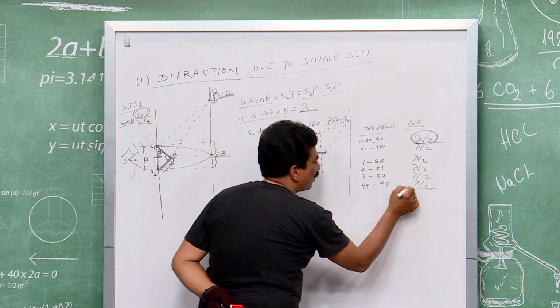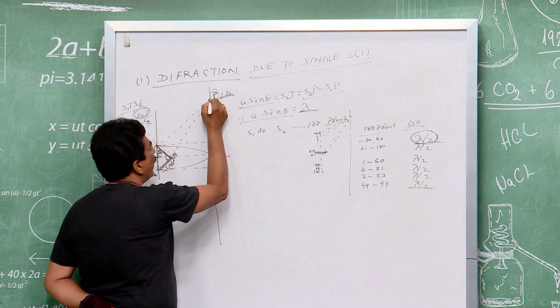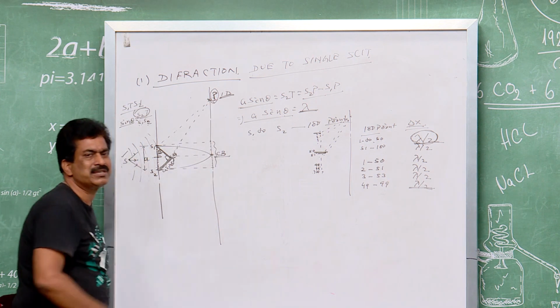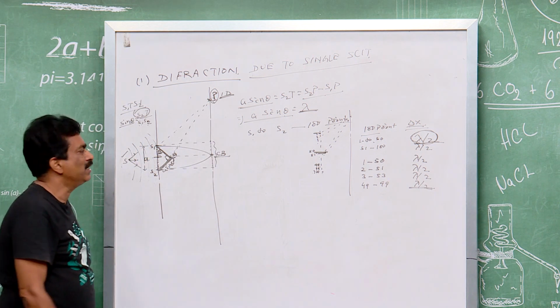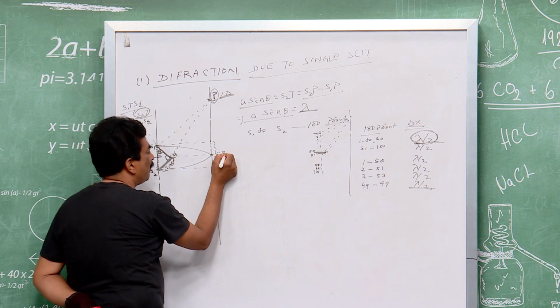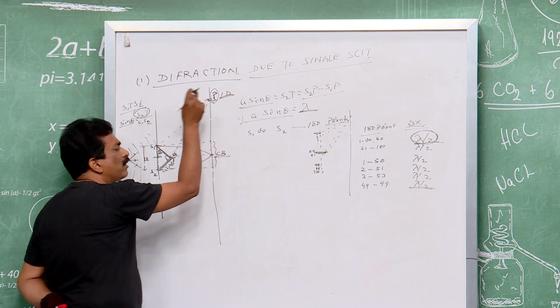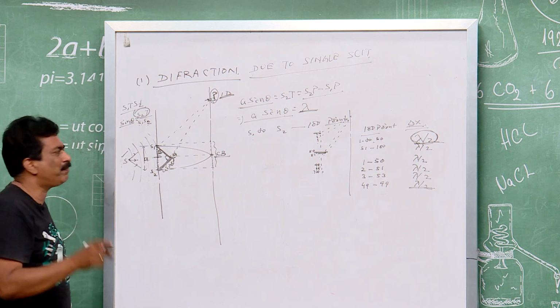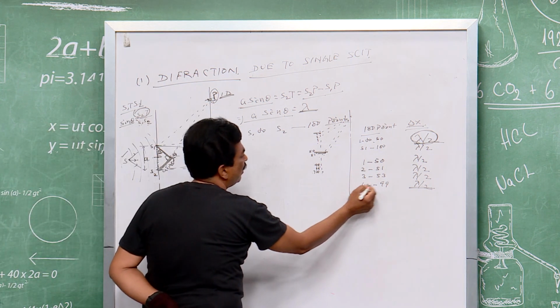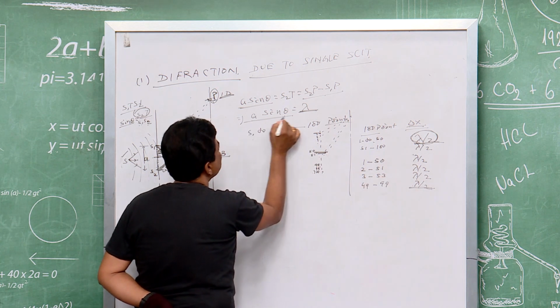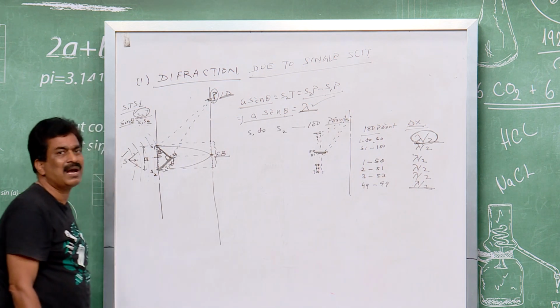So, this lambda by 2 will meet where it must have darkness, means after the central bright, the first point where the rays form the dark point, for this region a sin theta is equal to lambda.